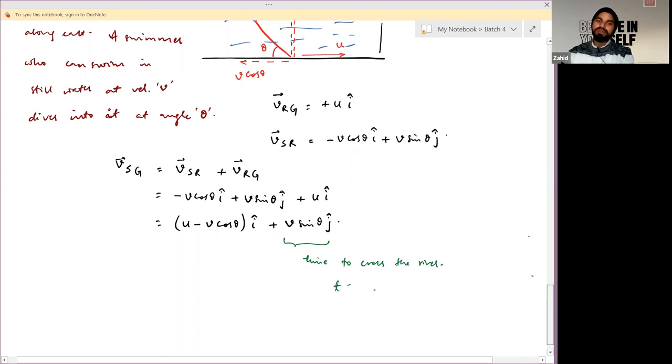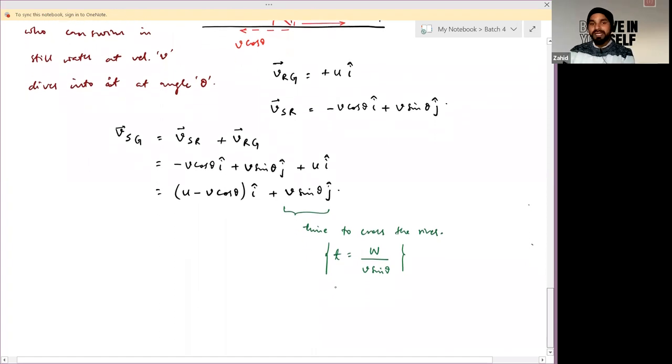Time is equal to distance by speed. Distance is width of river and speed in that particular direction is V sin theta. So this will be your total time to cross the river using the component of velocity of swimmer.